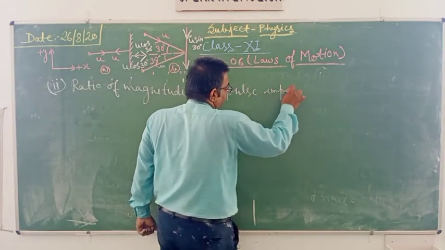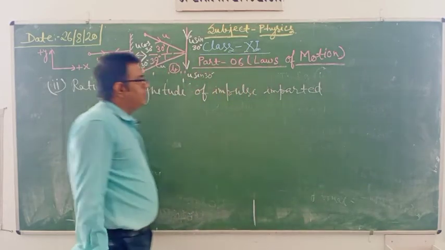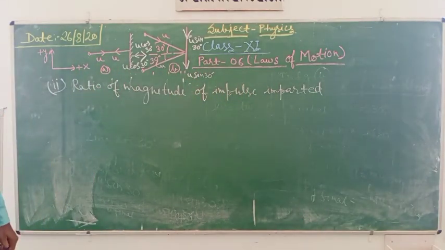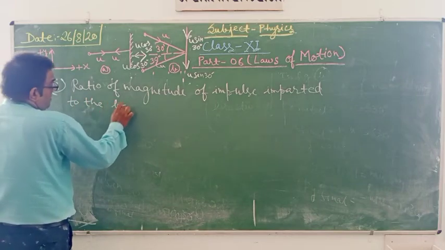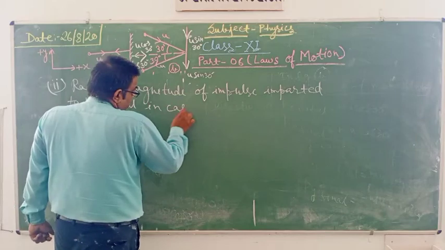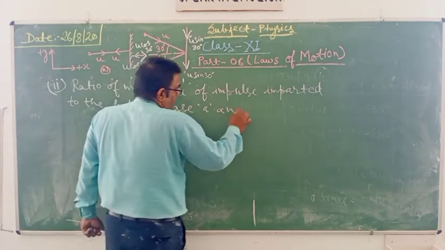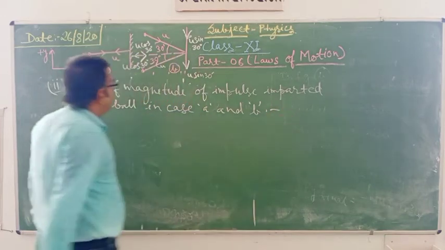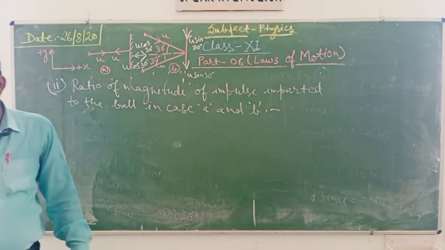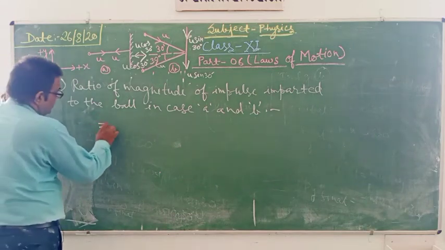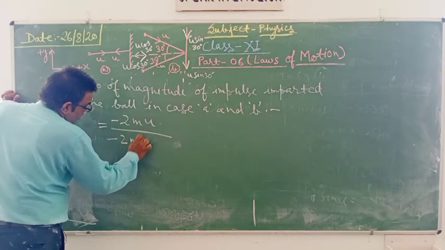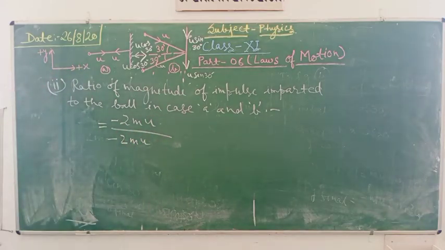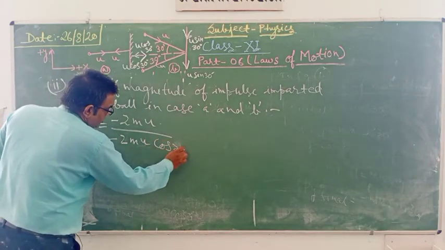imparted to the ball in case A and B. So in both the cases we have to calculate the ratio of impulse, and in the first case we had got minus 2 mu, and in the second case minus 2 mu cos 30 degree.